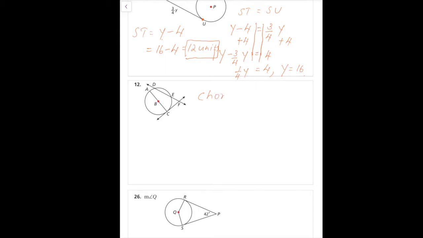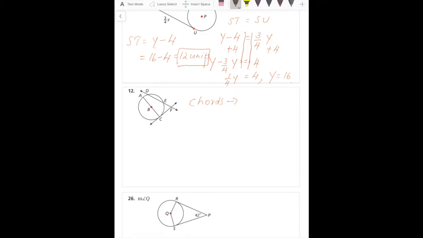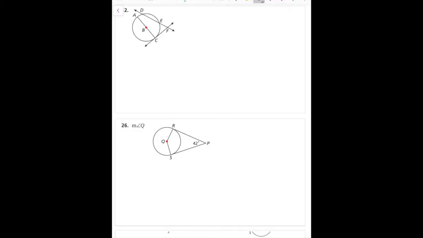So do I have any segment DE and segment AC? Segment DE, or not segment, I'm sorry, line DE, and they're asking you to identify each line or segment that intersects the circle.